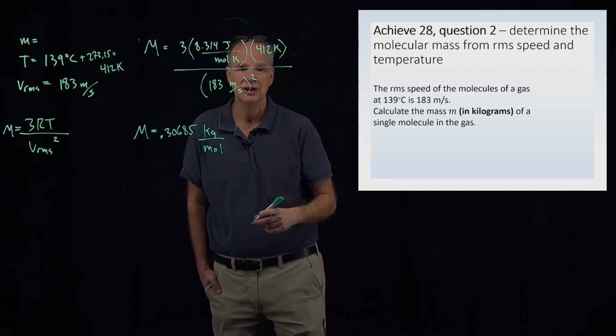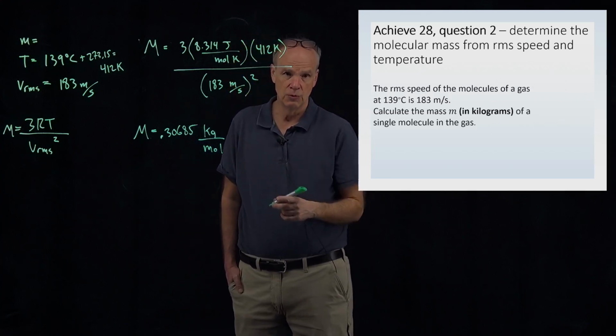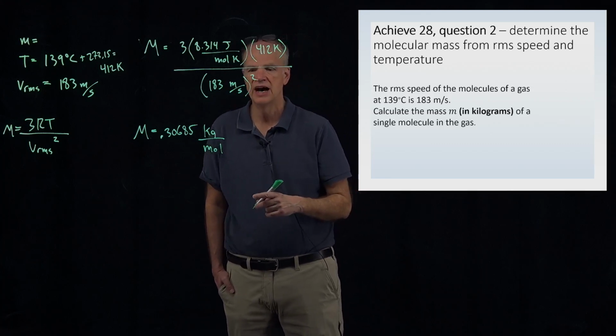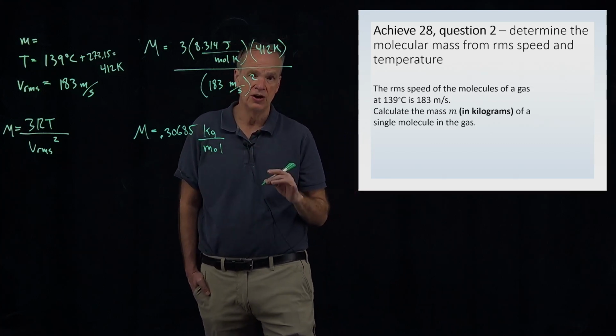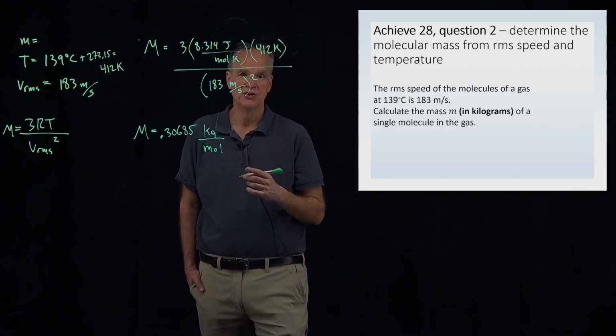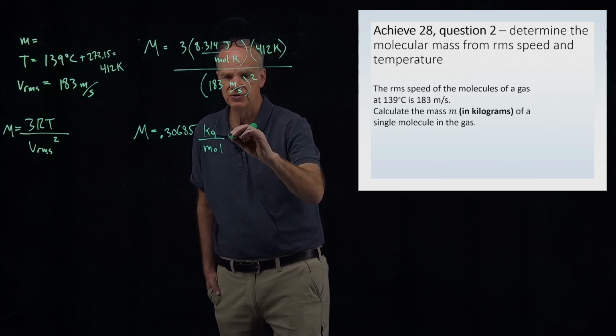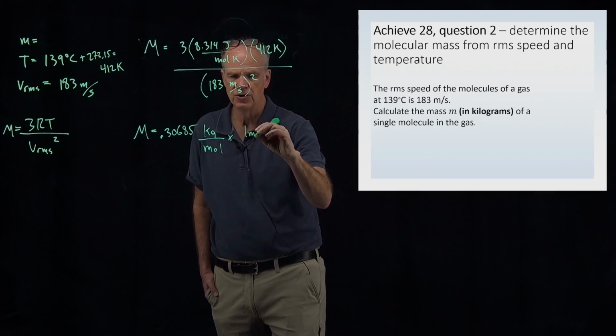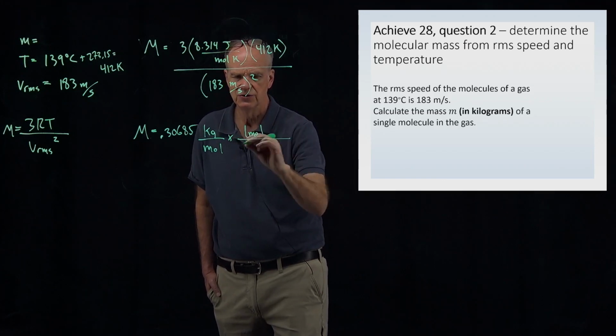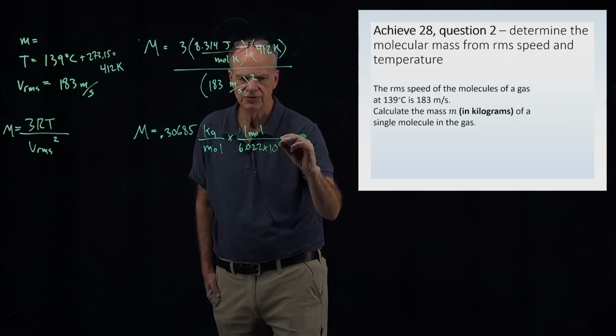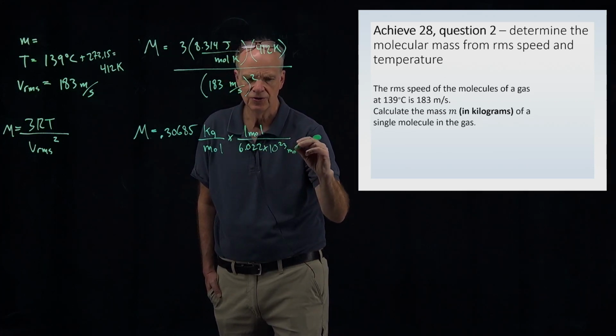What they want to know is the mass in kilograms of one molecule. How do you do that? You recall that 1 mole of molecules is equal to 6.022 times 10 to the 23 molecules, so we multiply by 1 mole over 6.022 times 10 to the 23 molecules.